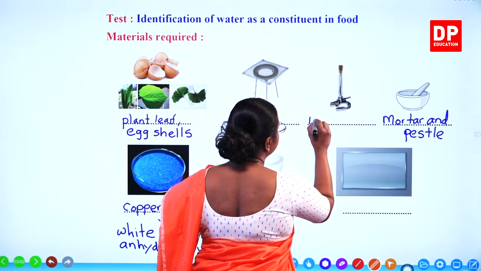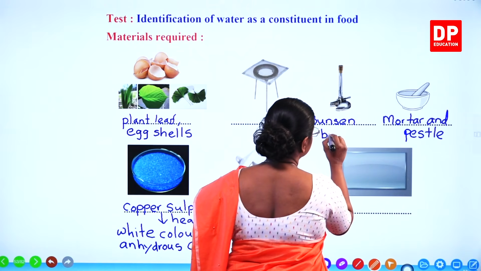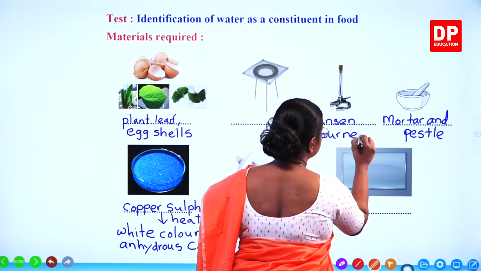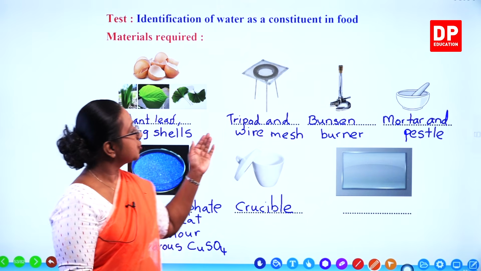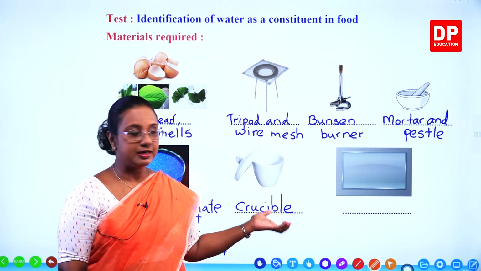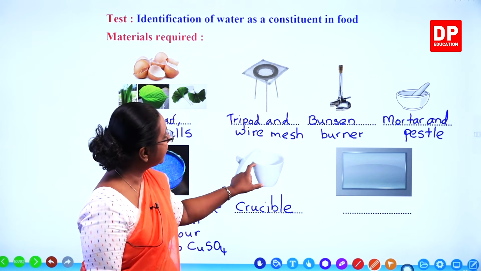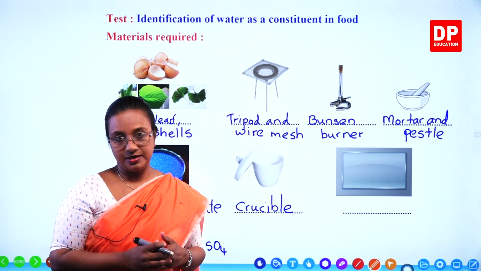So, we will need the Bunsen burner, tripod and wire mesh. So, we set the tripod to the Bunsen burner, light the burner, and then we place the crucible on the wire mesh with the lid cover.